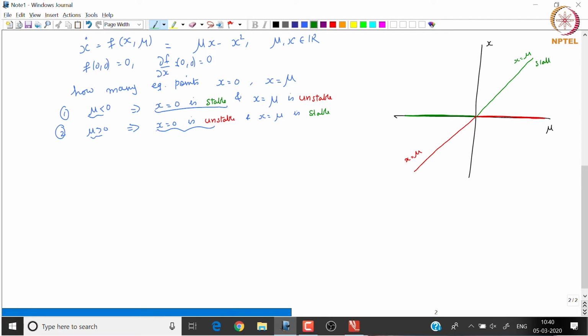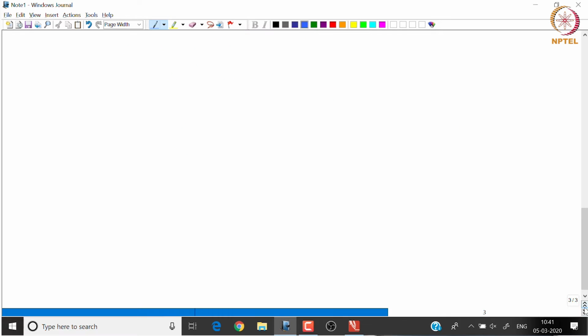So all the green lines are stable and the red lines are unstable. So what happens in this case is just that you have the two equilibrium points, and they just exchange stability. The stable one becomes unstable and the unstable one becomes stable. Okay, good. We go to the next one.